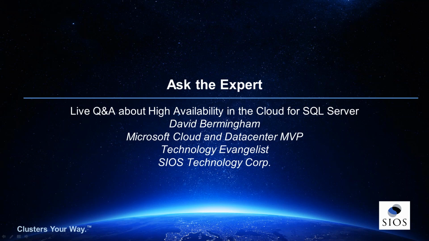Speaking of load balancers, though, in Azure you will run into the load balancer as a requirement. The way that Azure does the client redirection, if you've looked at any of the documentation, and this holds true for both Always On availability groups as well as Always On failover cluster instances, is that Azure's networking stack does not support gratuitous ARPs. And so what that means is that you cannot connect directly to a clustered IP address in Azure.